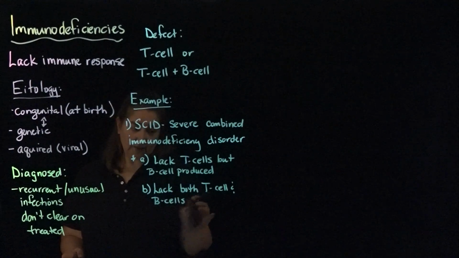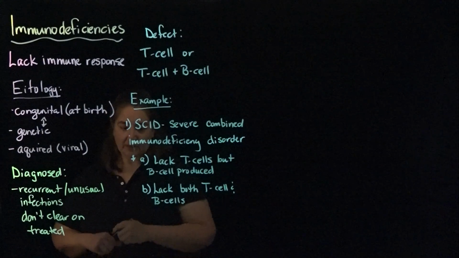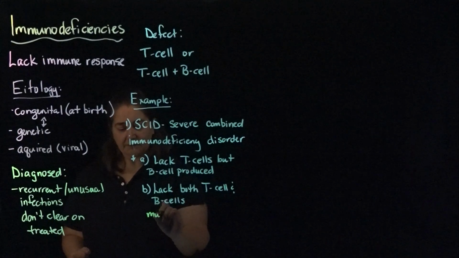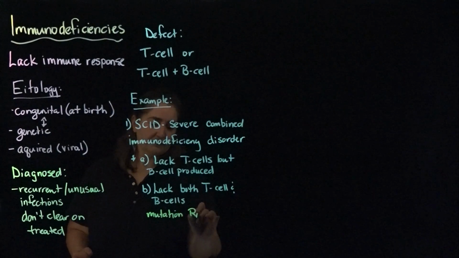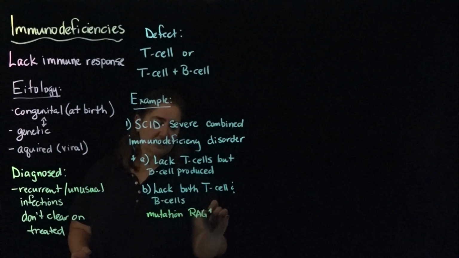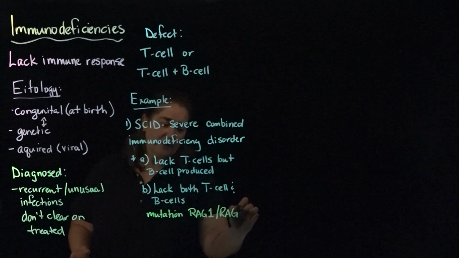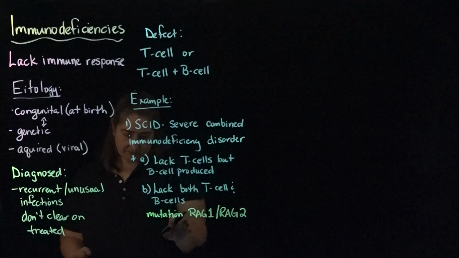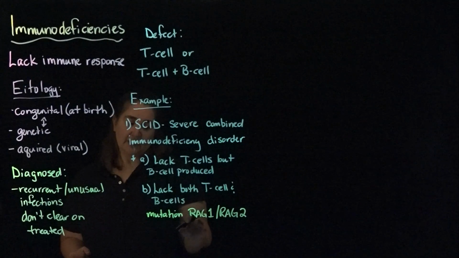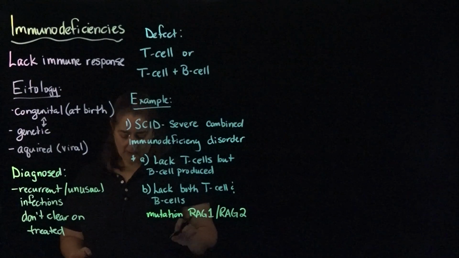So typically the lack of both T cells and B cells, this is going to be a mutation in either the RAG1 or RAG2 gene, okay? That RAG stands for recombination activating gene, okay?